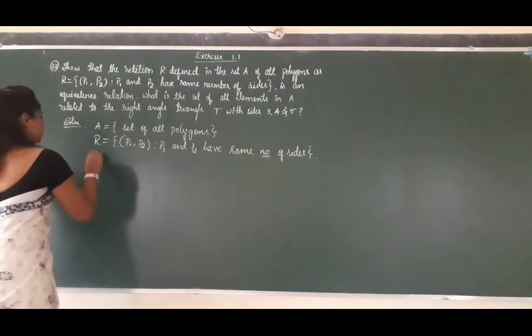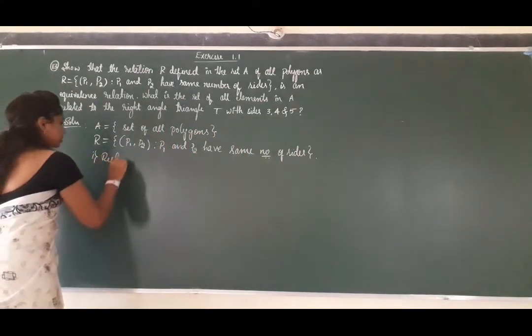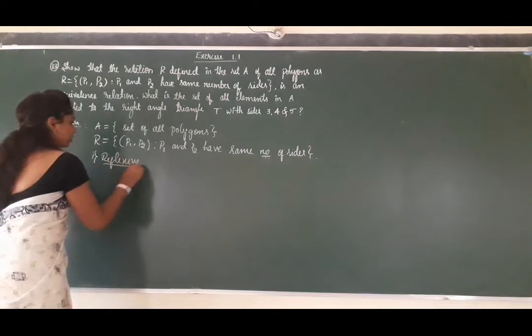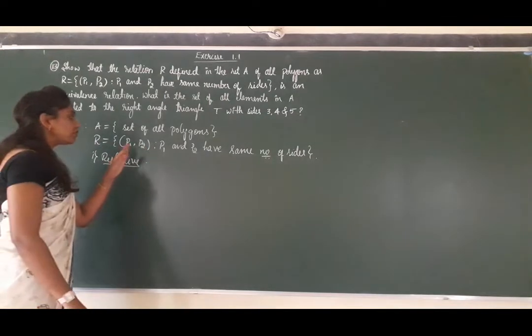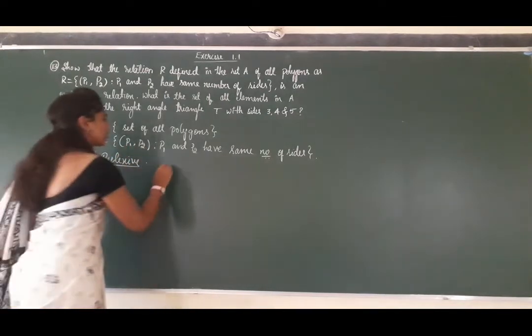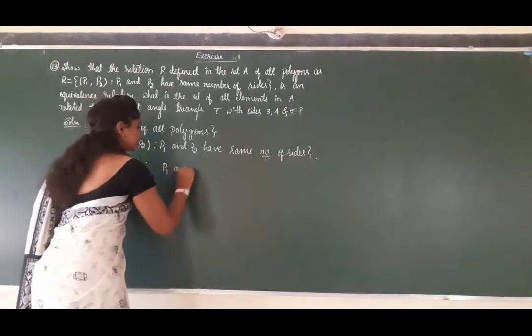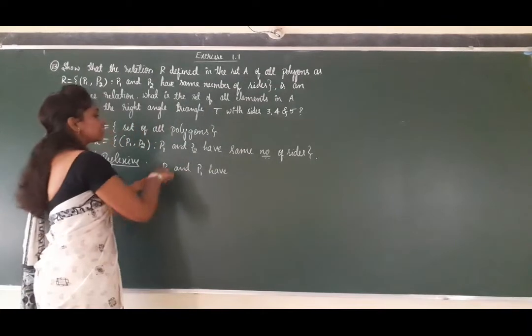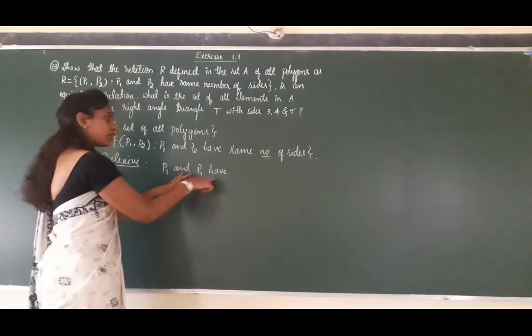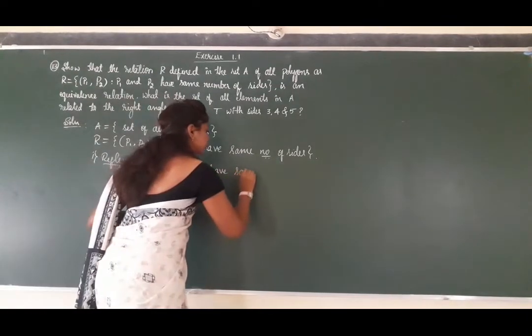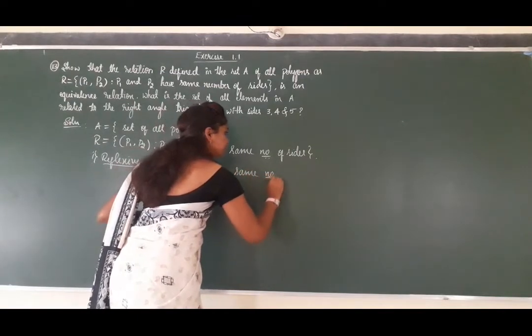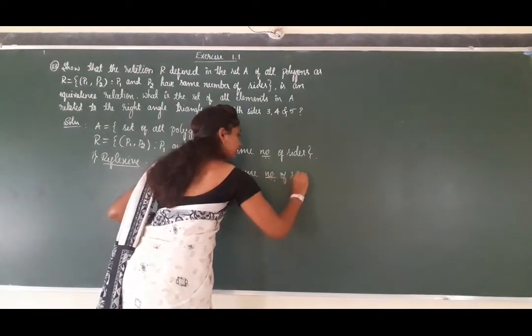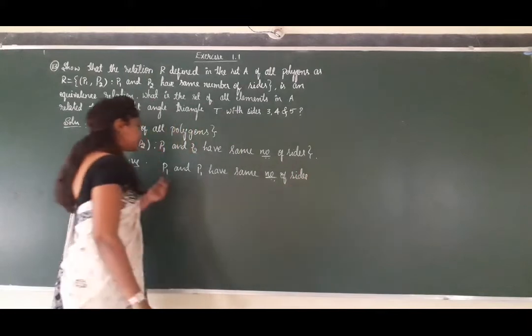For reflexive, observe here. I am taking P1 and P1 only. Obviously, P1 and P1 have the same number of sides. For example, P1 is a triangle.